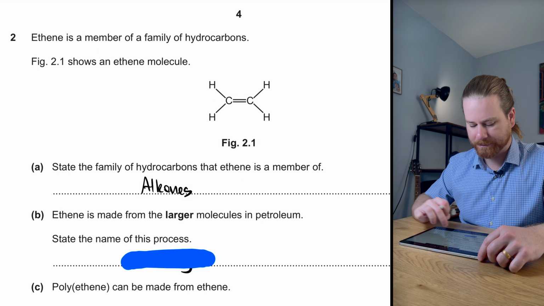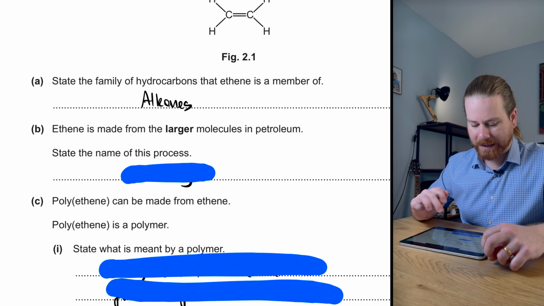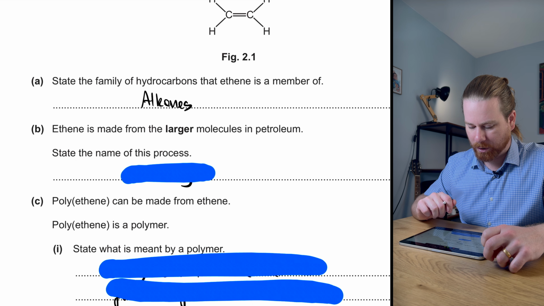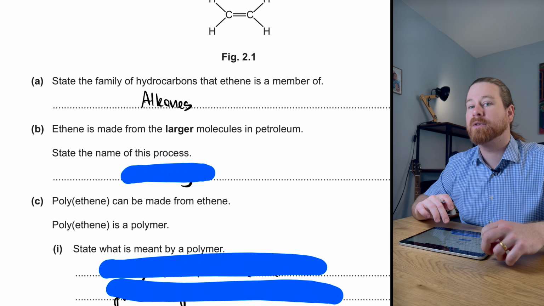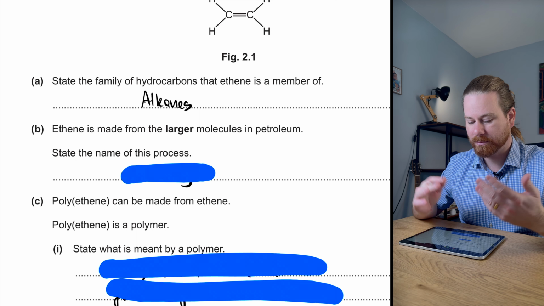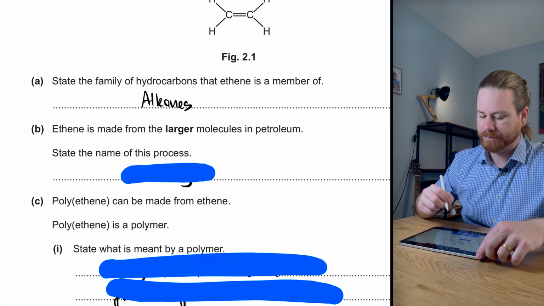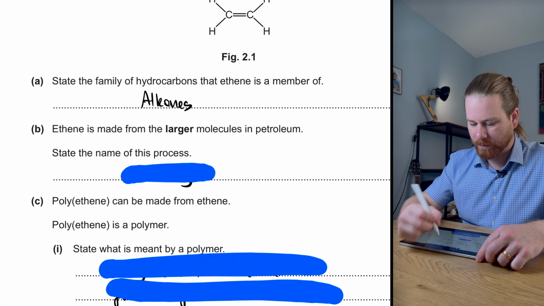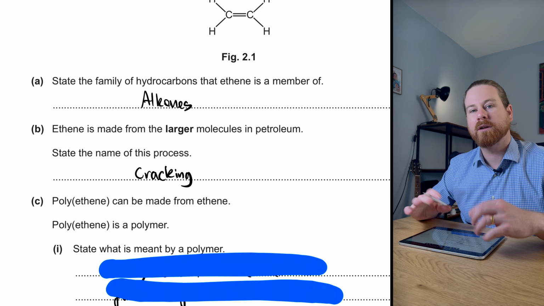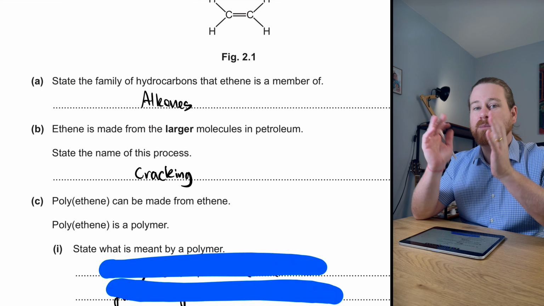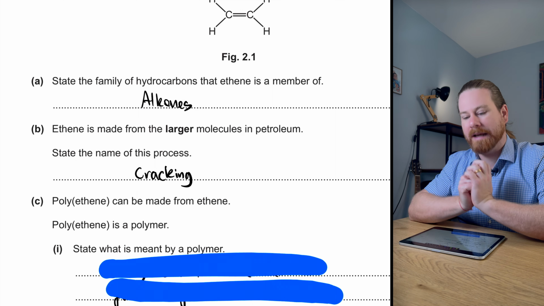There we go, alkenes. So ethene is made from larger molecules in petroleum. So anything going from larger to smaller. Ethene is a very small molecule. Yeah, it has to be cracking. So cracking a long chain alkane, you get a small chain alkane plus the alkene.